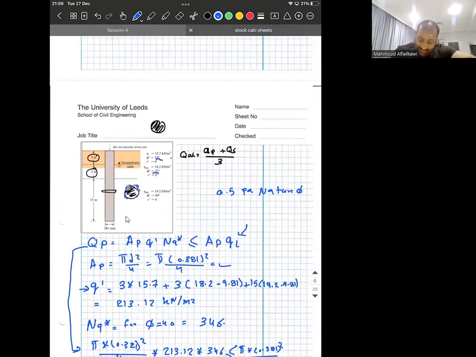The parameter is in meters, right? Multiplied by the length, which is in meters too. So you get a surface area of the whole pile in meters squared, which is why you get Q capital, not Q small. Because Q small is kilonewton per meter squared, and Q capital is kilonewton only. So you have to multiply by an area. For end bearing, it's the surface area of the bottom. For skin friction, it's going to be the parameter multiplied by the length. That's your area.